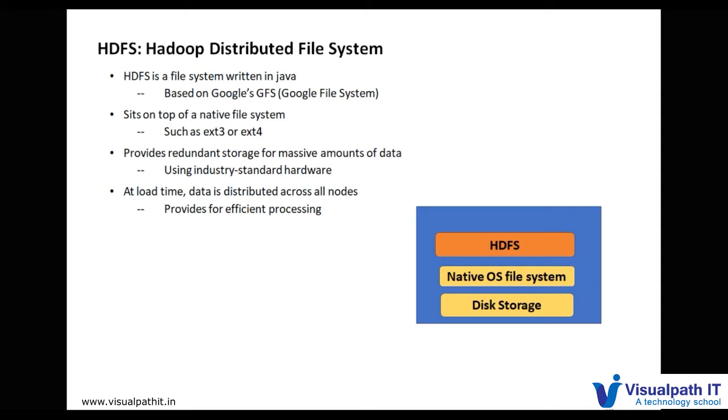It sits on top of a native file system such as ext3 or ext4. If you see the diagram here, the blue box indicates a Linux machine, a Linux server, or a Linux laptop, a simple physical machine. Each machine has a disk available, meaning an internal hard disk.